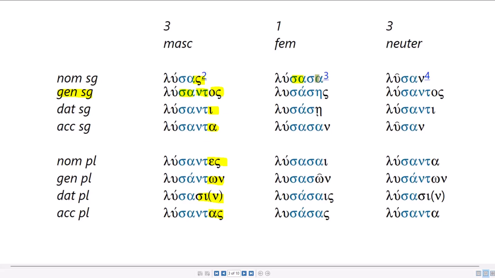We have first declension endings here, and again the alpha, eta, eta, alpha pattern that's true for some first declension nouns. For the plurals, the endings are normal: ai, on, ais, as. Then the neuter is just normal third declension. For memorization, you want to take a look at the nominative singulars and the genitive singulars. Those are the ones that you want to memorize.